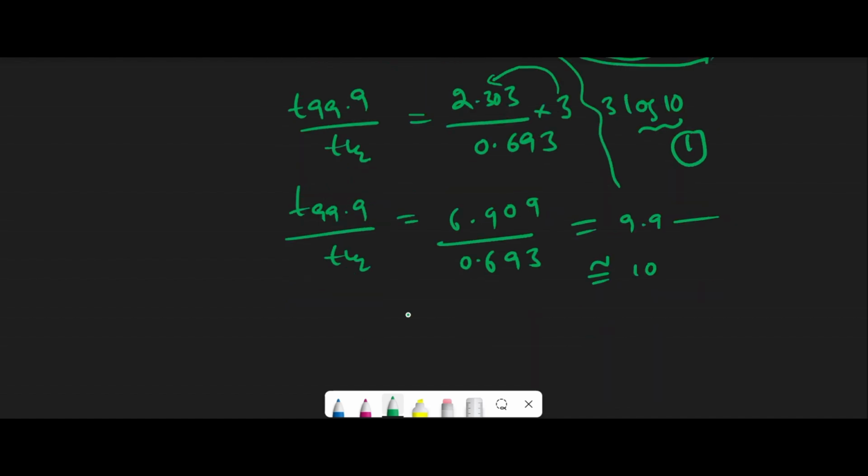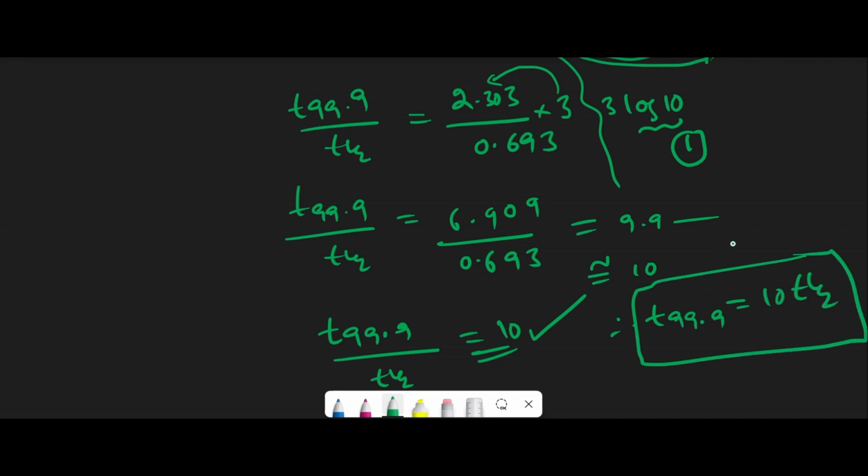Therefore, time taken for 99.9% by t half is equal to 10. So the time taken for 99.9% is equal to 10 times t half. Very, very important.